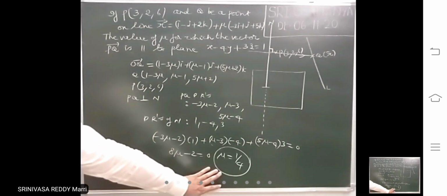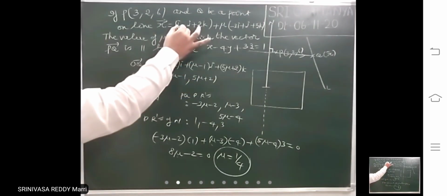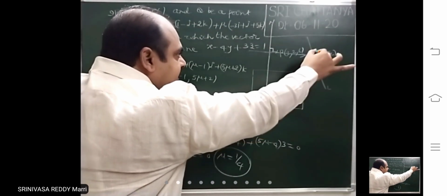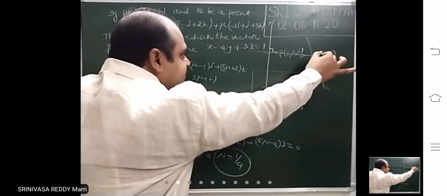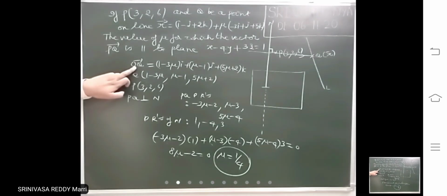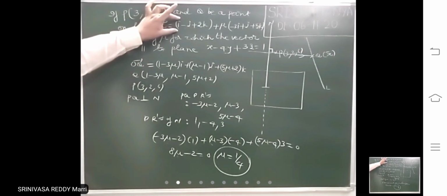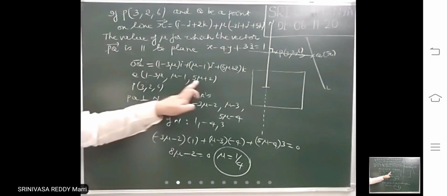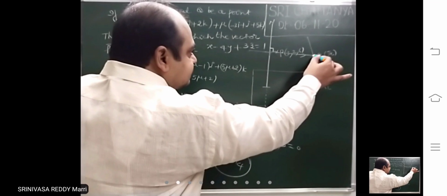Like that. Just the vector form is given. In vector form, any point on the line means r bar, that means the position vector of that point is r bar. So this is nothing but OQ bar. If OQ bar is a known point, you can easily write the point instead of i, j, k.